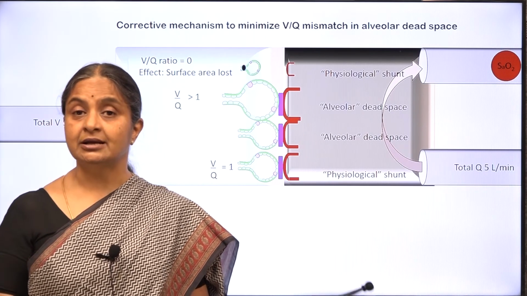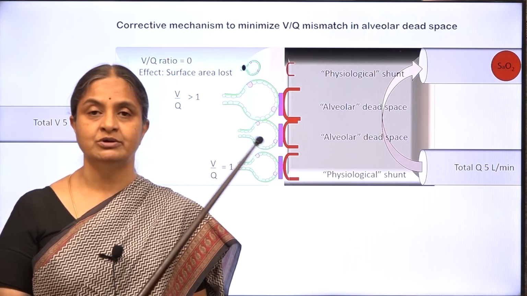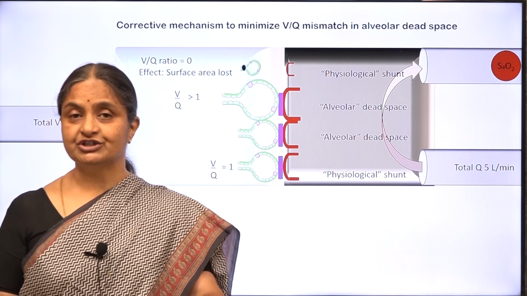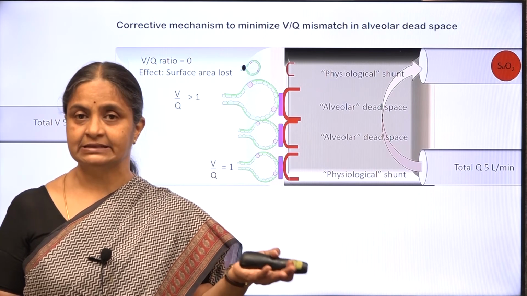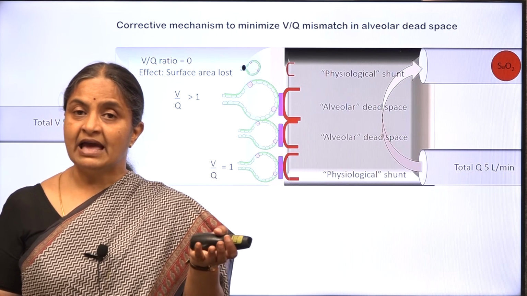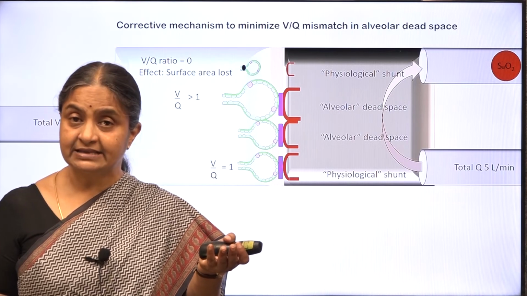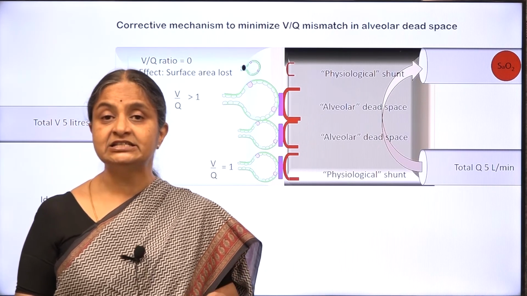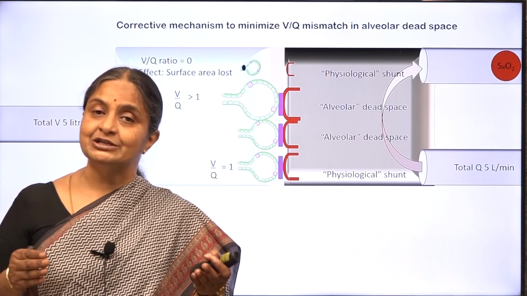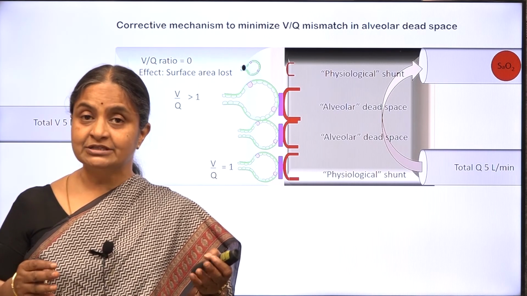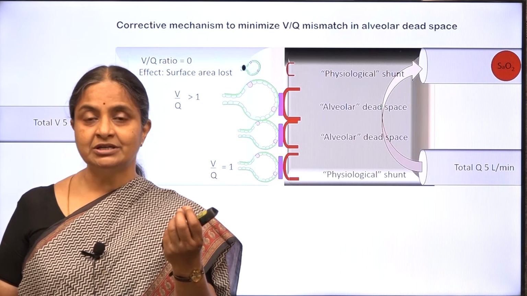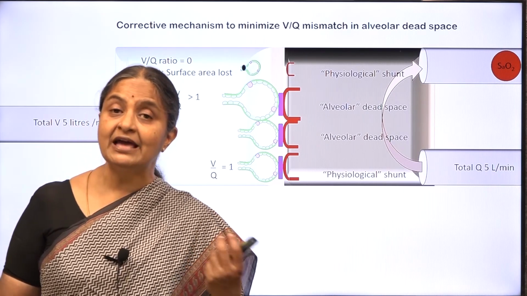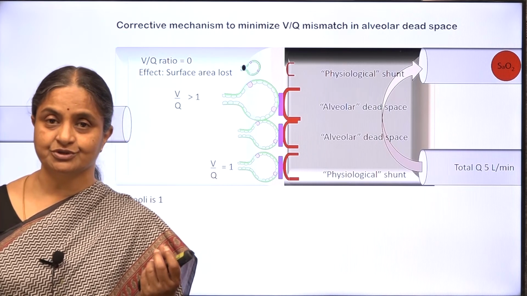Hypoxic vasoconstriction occurs in pulmonary circulation only, whereas in the systemic circulation, if there is hypoxia, let us say an exercising muscle, the capillaries there have less oxygen than usual because the exercising muscle has absorbed all that oxygen. Hypoxia in a systemic capillary will actually lead to vasodilation because the tissues there require more oxygen, and the response is therefore directed towards supplying more oxygen to the exercising tissues.